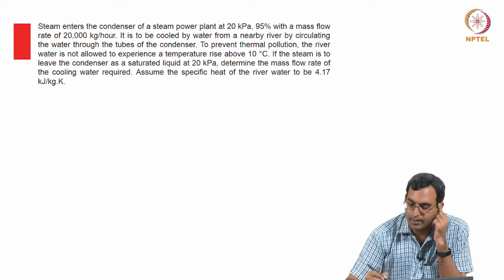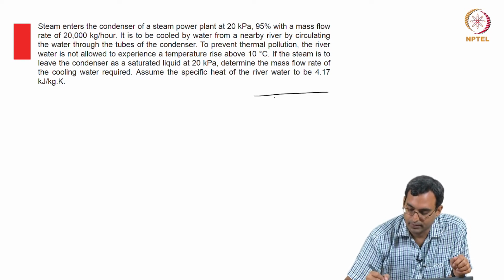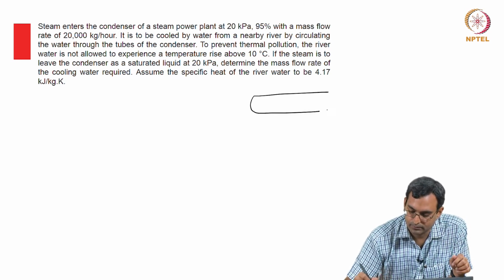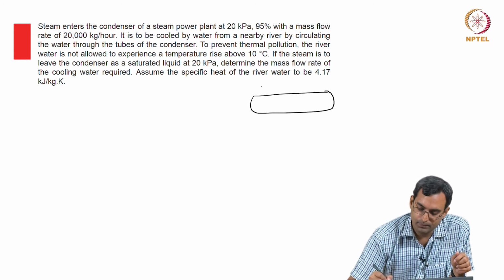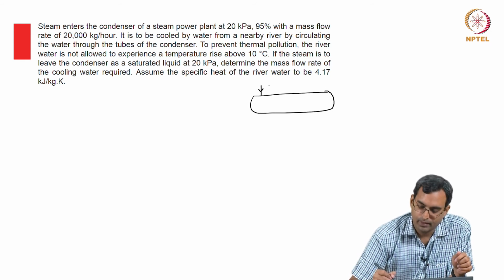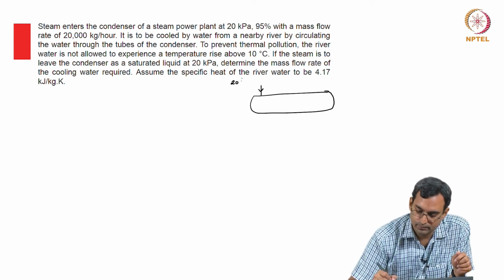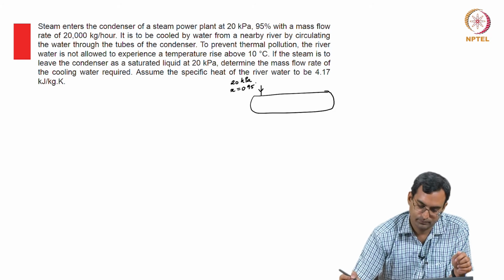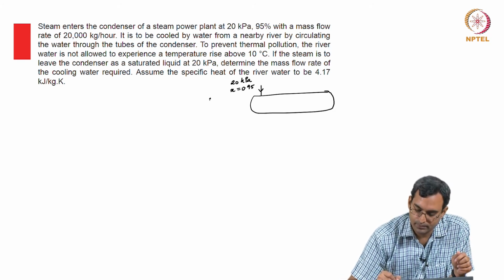Okay. So, we have over here some kind of a heat exchanger. So, steam is entering here at 20 kilopascal with a quality of 0.95. The mass flow rate is 20,000 kg per hour.